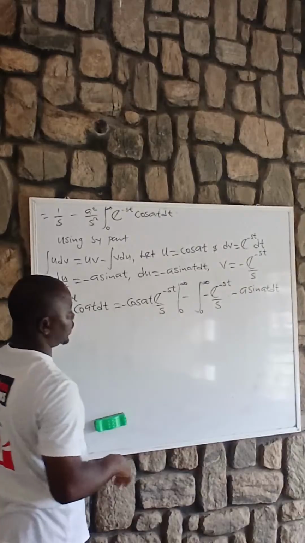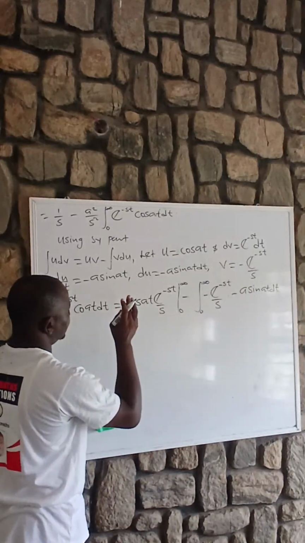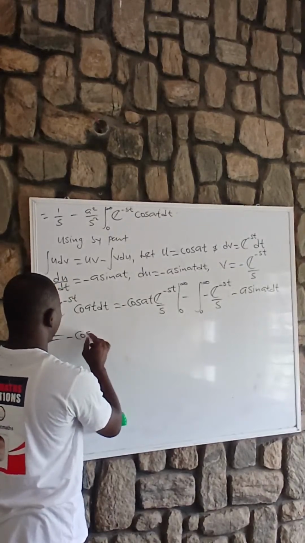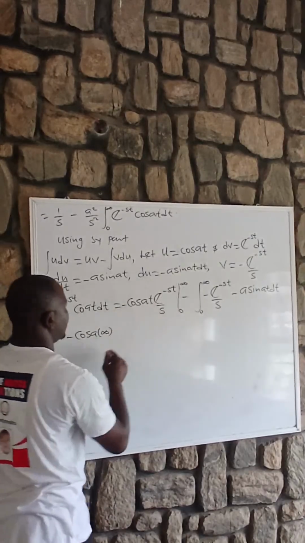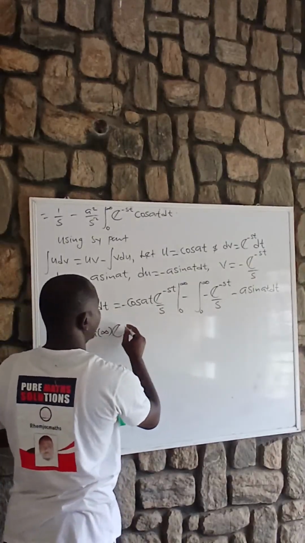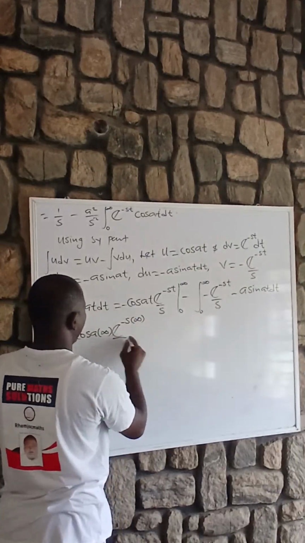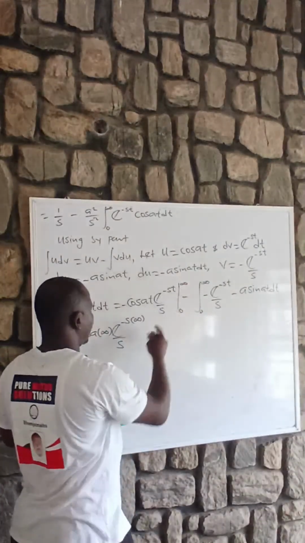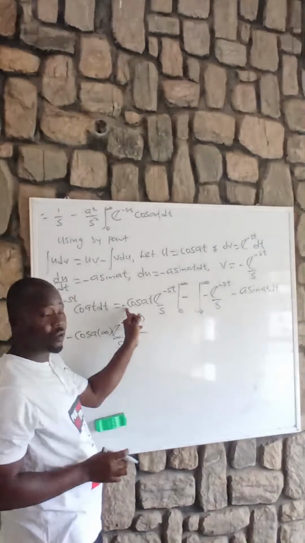Okay, so here we subtract the lower limit from the upper limit. It will now go this way: minus cos at, open bracket, anywhere you see t, you substitute in, infinity, exponential minus s open bracket infinity all over s. Then subtract the lower limit from the upper, so it will be minus. Mind you, there is a negative sign here, true or false?